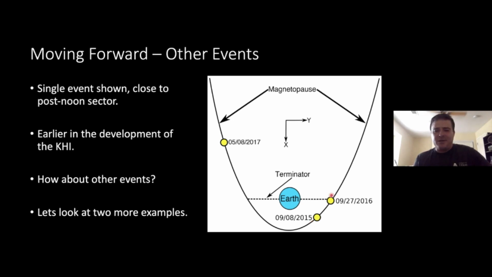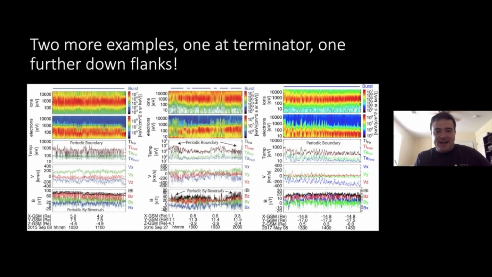So as an example, I'll show you two other events, and we're not going to go into anywhere near the amount of detail because we don't have time. But what do things look like further down the flanks? So here are three events, and this is the one I've beaten to death already in this talk. This one is a little closer to the sort of day-night terminator.